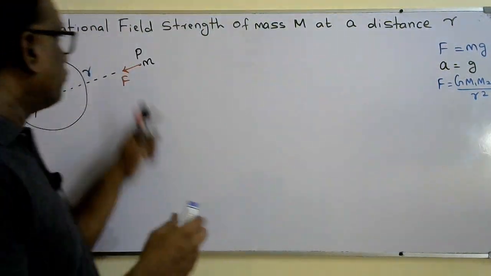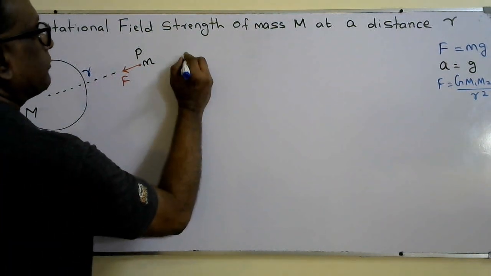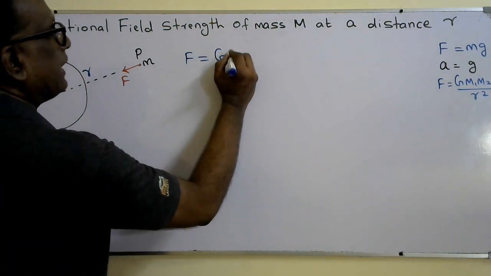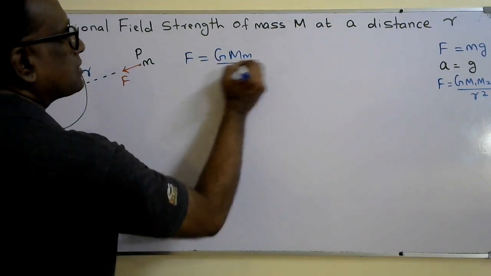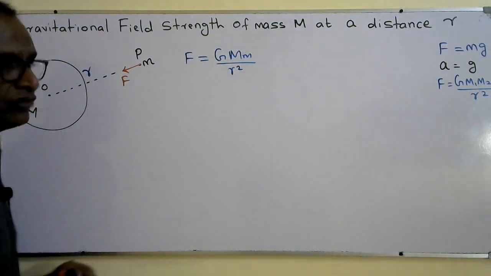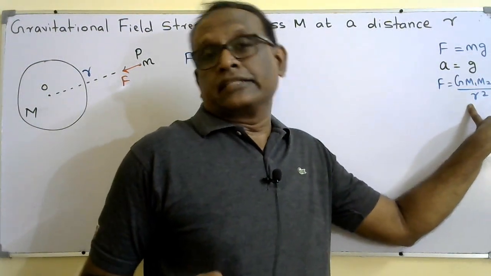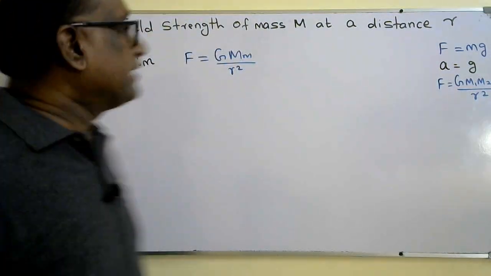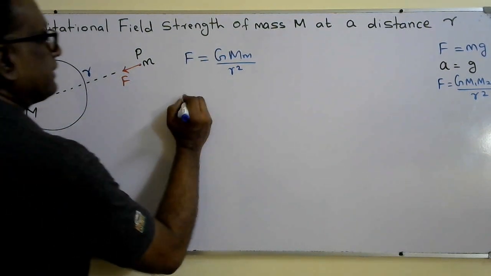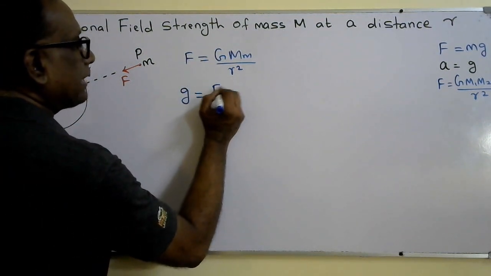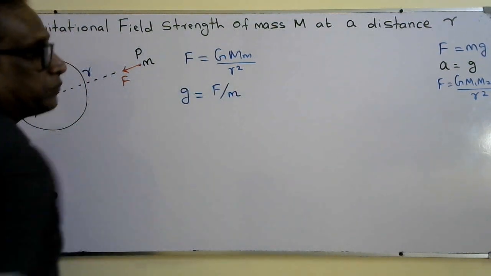The gravitational force acting on the mass m is given by F equals G M m over r squared, according to Newton's law of gravitation. But we know that gravitational field strength means gravitational force per unit mass.